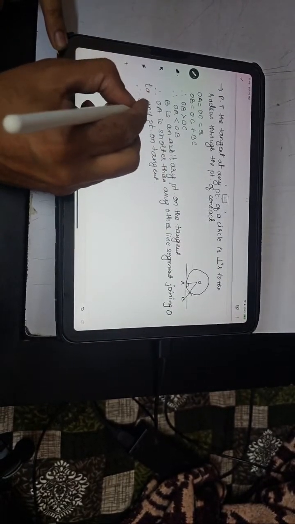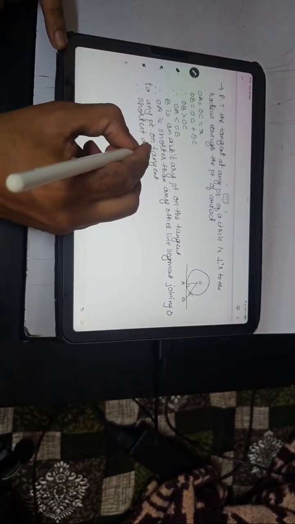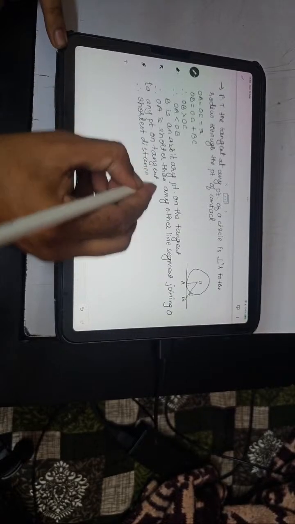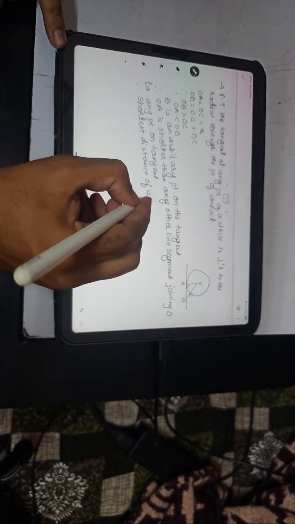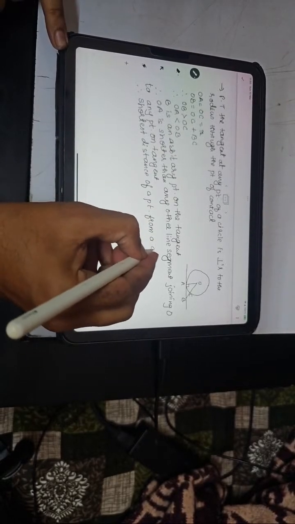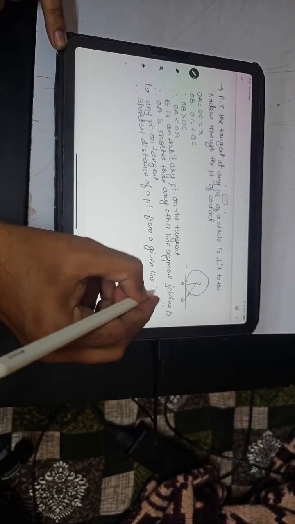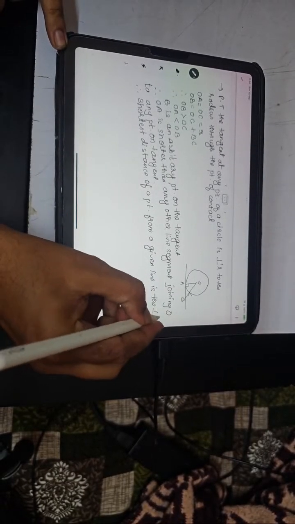Therefore, the shortest distance from the center, the shortest distance of a point from a given line, is the perpendicular distance.